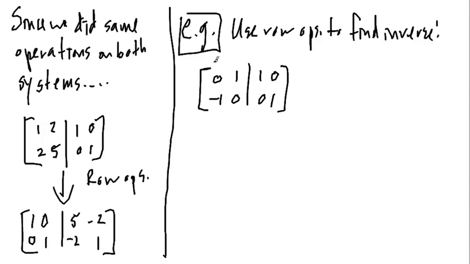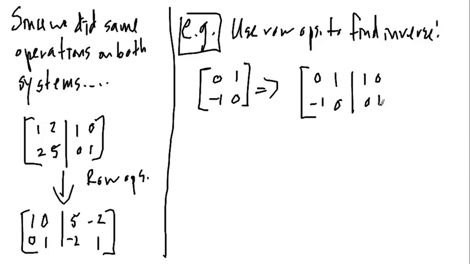So this is our matrix. What we do is we set up 0, 1, -1, 0, and 1, 0, 0, 1. This is the matrix, let's call it X, that we care about, and this is the identity matrix.